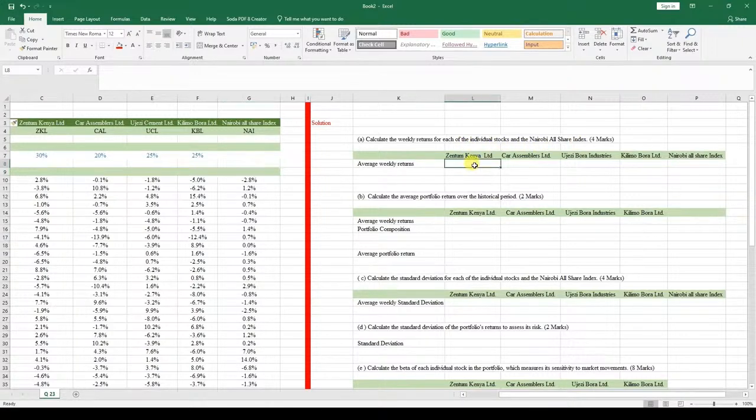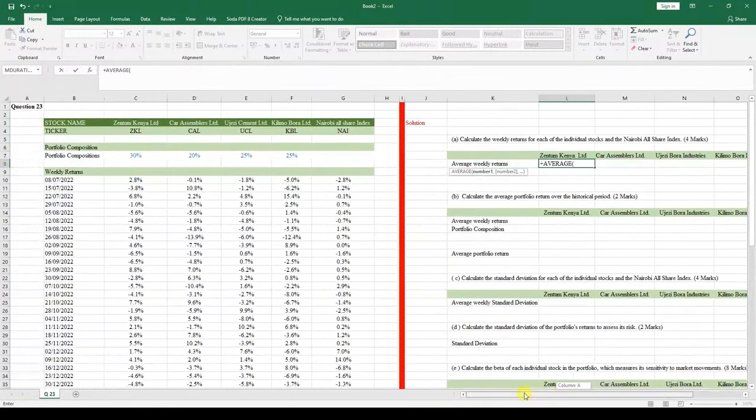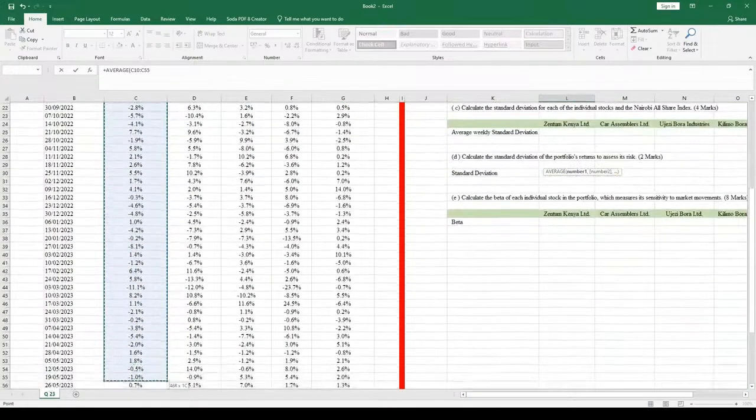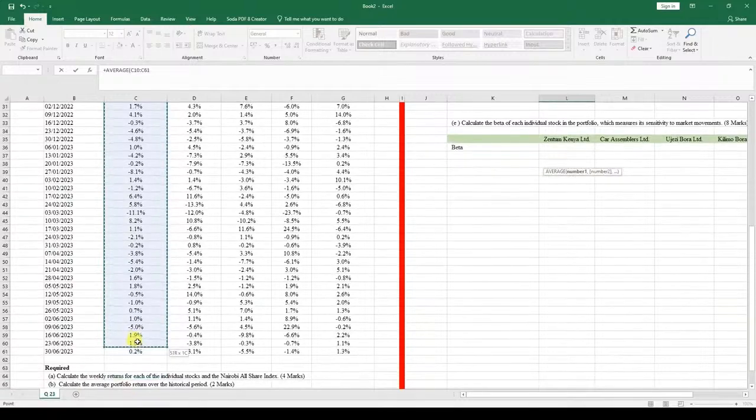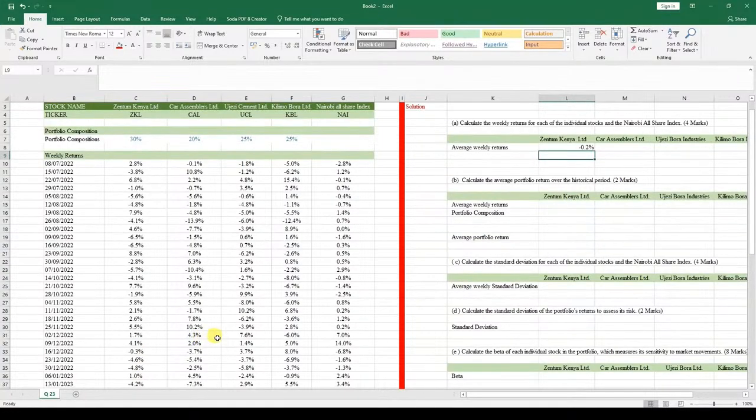So we just pick average, and we want to pick the average for Z-Term Kenya, picking the average values right here, up to there, close the brackets, and you enter. So we're saying that the average return should be negative 0.2%.